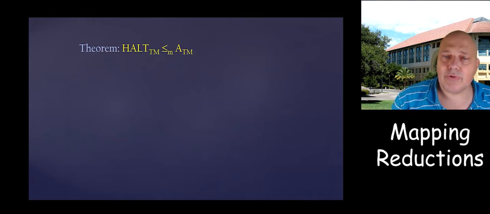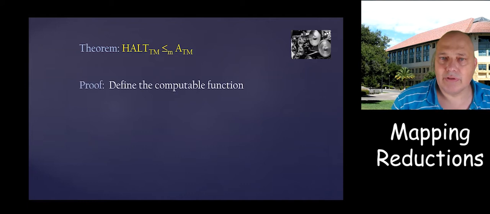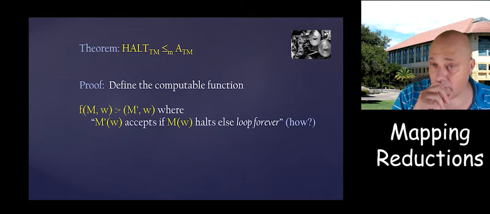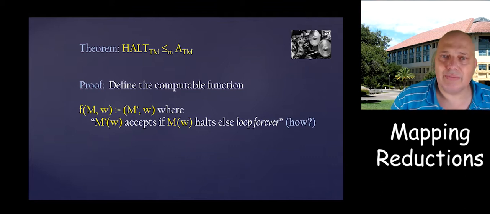And now I want to show the other direction. We want to show that Haltm is mapping reducible to ATM. So here we will also have a reduction from inputs to Haltm to inputs to ATM.